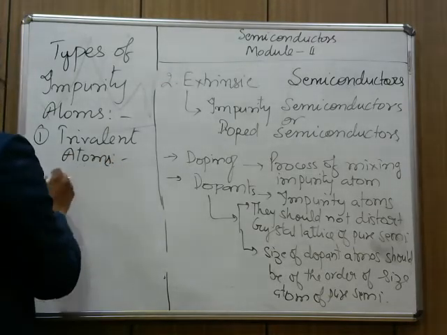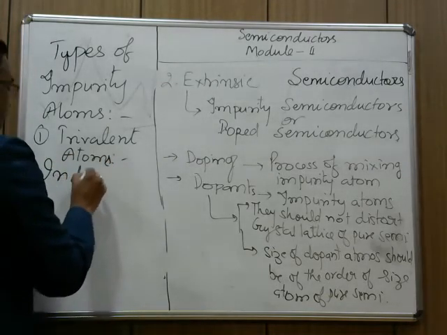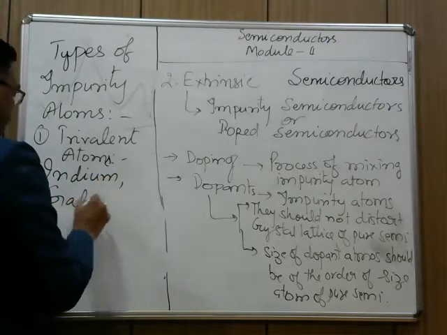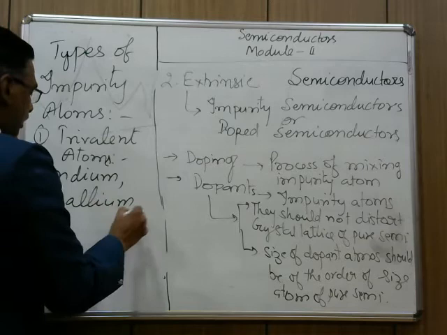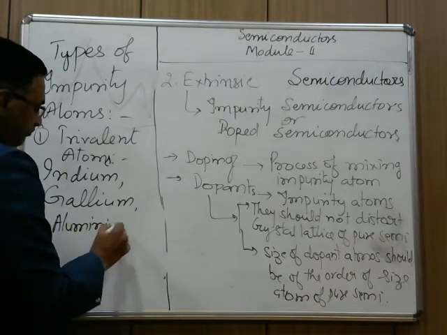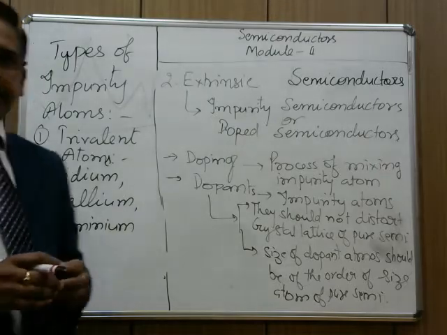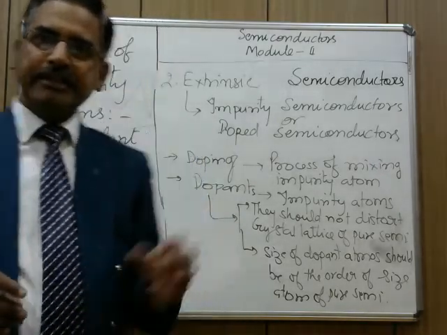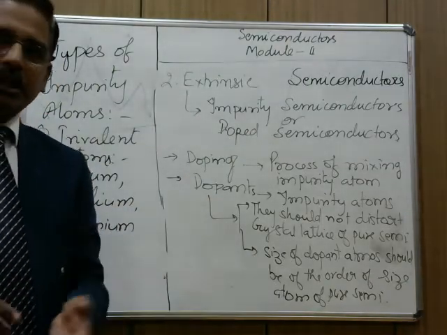These include indium, gallium or aluminum. If you select trivalent atoms, then the size of these atoms will be nearly equal to the size of the pure semiconductor atom.